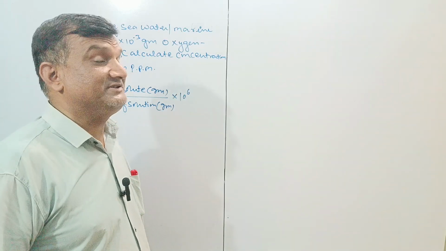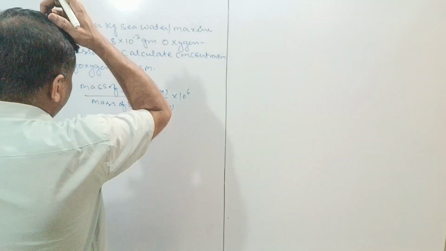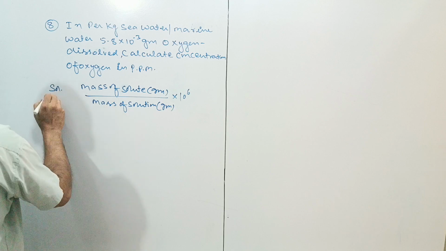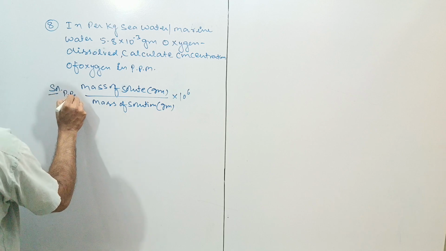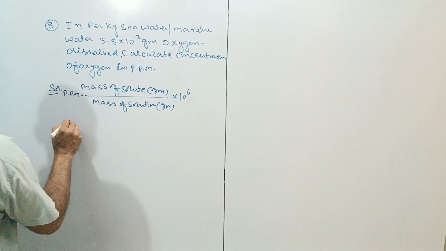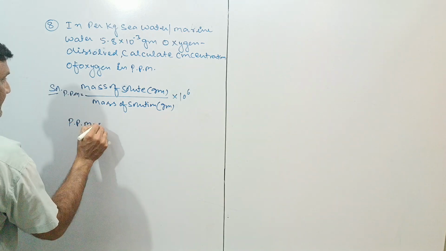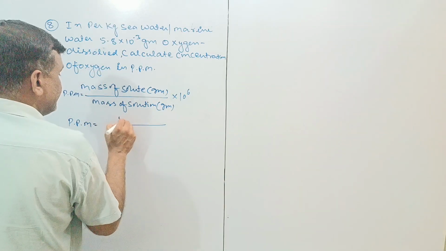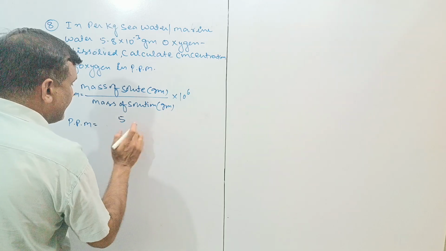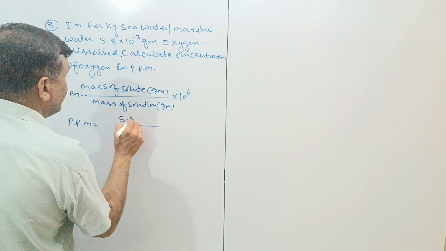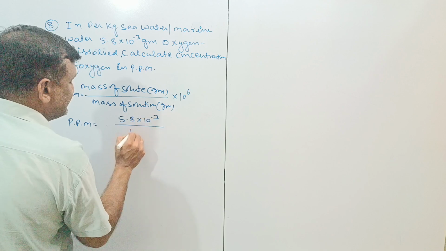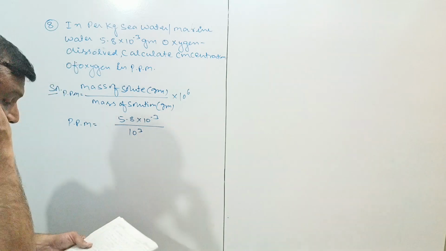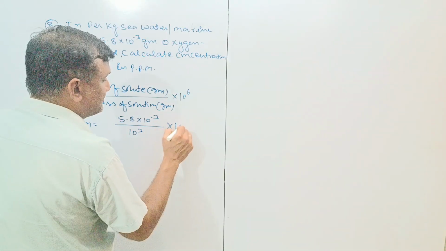10 to the power 6 means 10 lakh. So ppm is the mass of solute per mass of solution. The amount given is 5.8 into 10 to the power minus 3 per kg, so we divide by 10 to the power 3, 1000 gram, and multiply by 10 to the power 6.